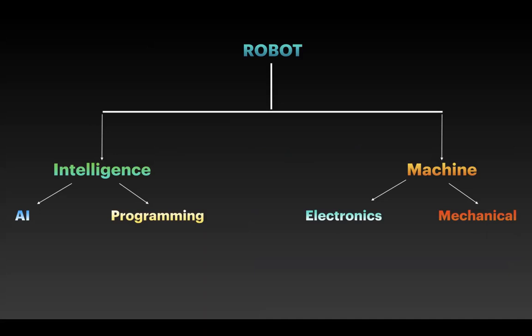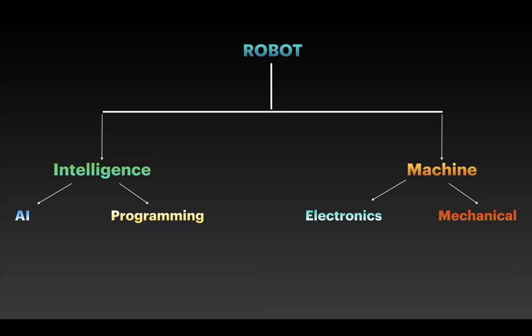This mechanical or machine part can again be divided into two. One is electronics, right? All the circuits, all the sensors, the Arduino board, these are electronics, right? And then the mechanical, right? The motors and how the wheels are connected to the motors, or how the legs are connected to the motors. That is the mechanical part, right?